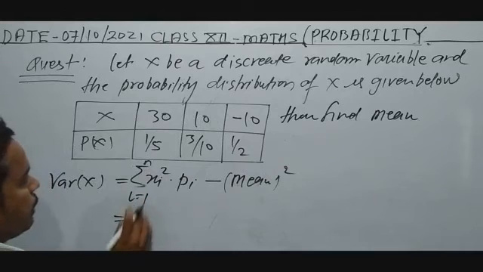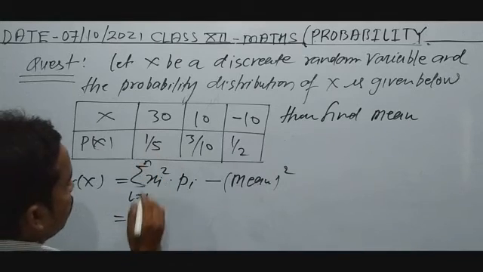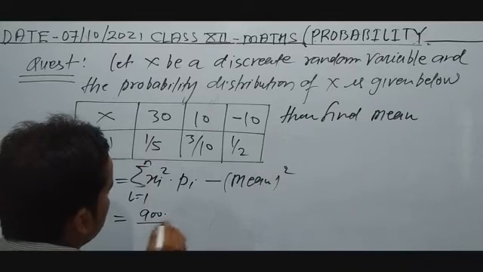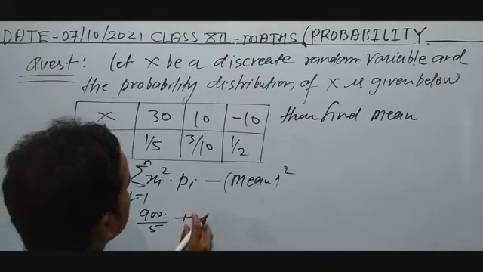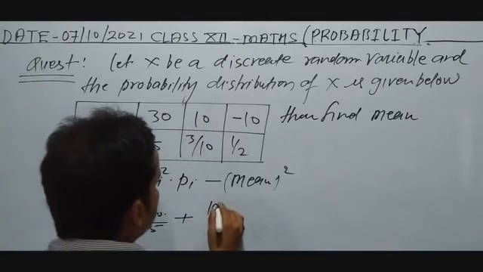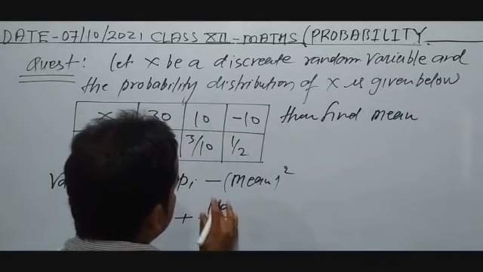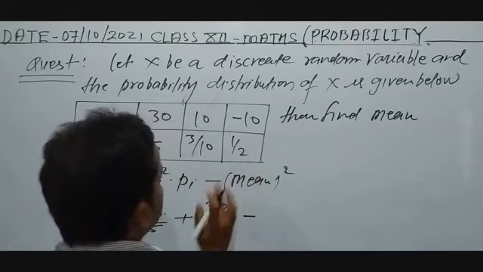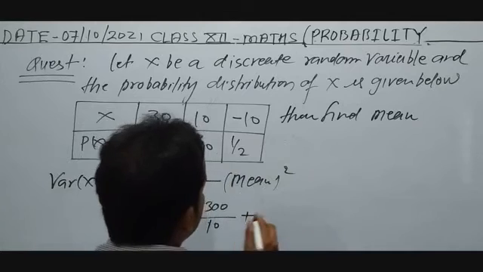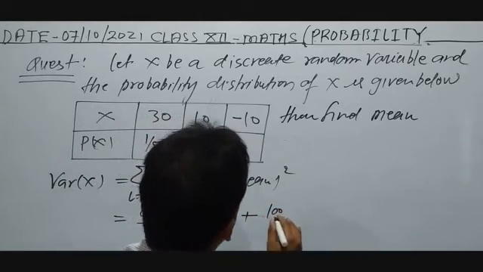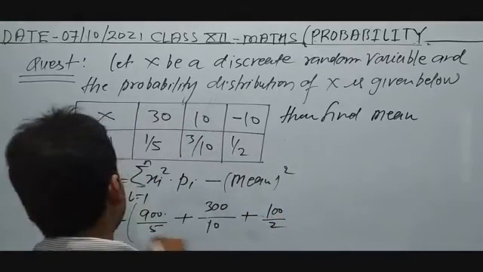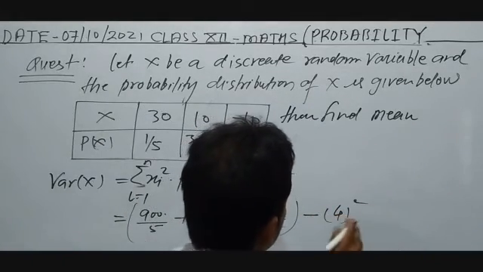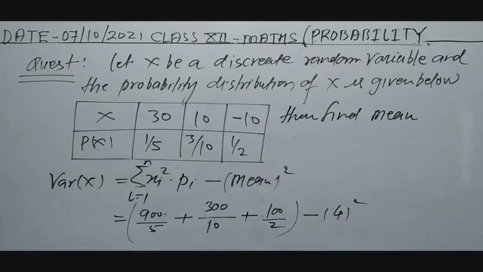This will be 30 square, which is 900 by 5, plus 10 square, 100 into 3 by 10, which is 300 by 10, plus minus 10 whole square, means 100 by 2, minus the mean, which is 4, so 4 square.